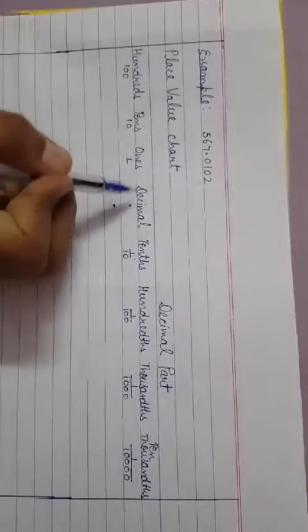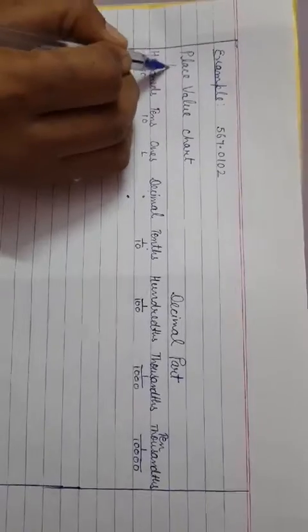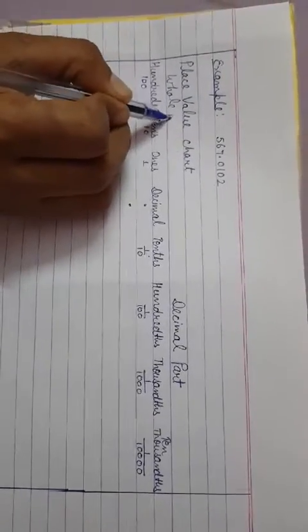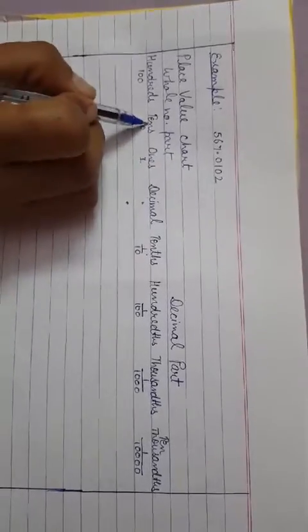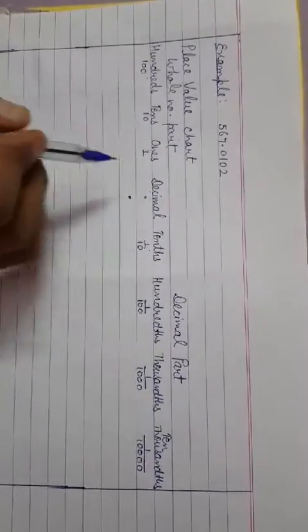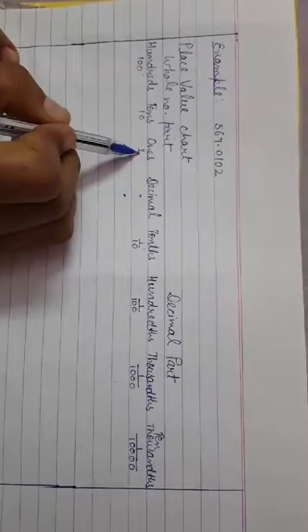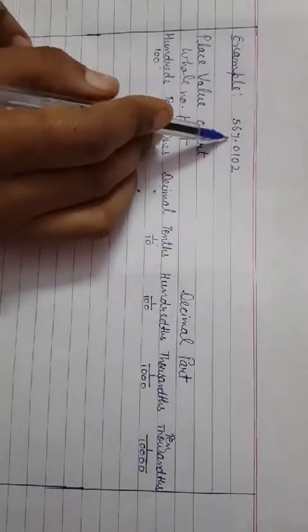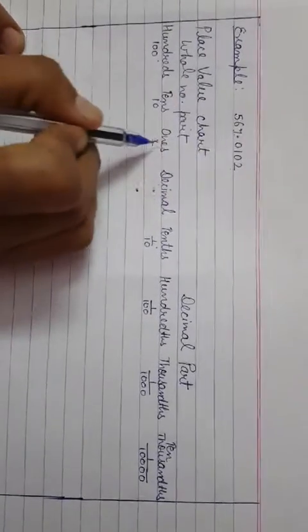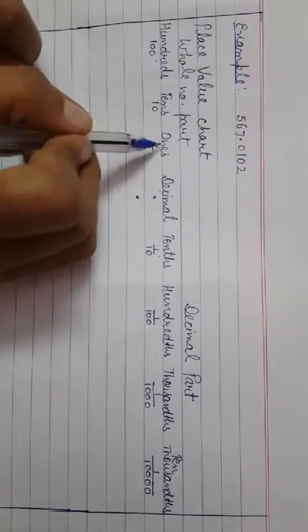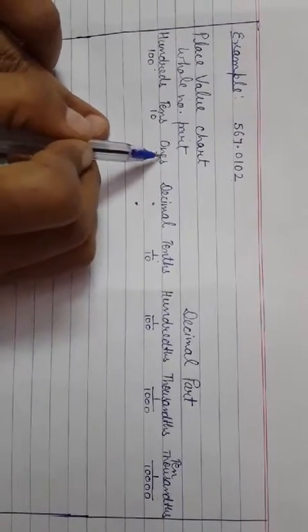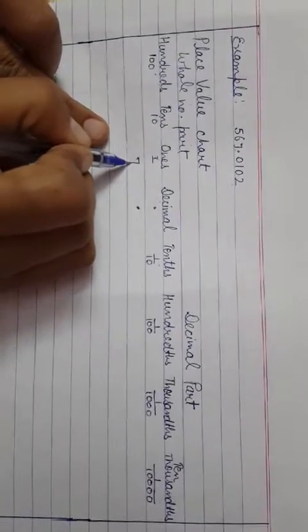Then on the left side of the decimal I have the whole number part: ones, tens and hundreds. So just before the decimal I have the number 7, meaning the place value of this number will be ones. So in this column, for the place value ones, I will write the digit 7.